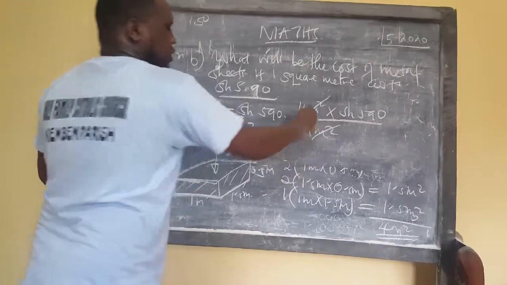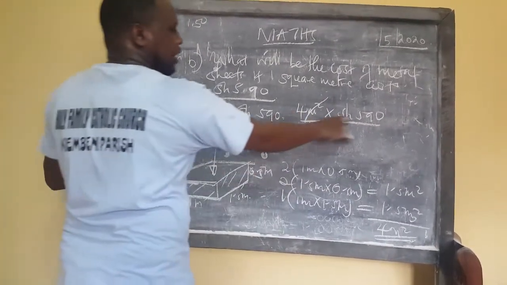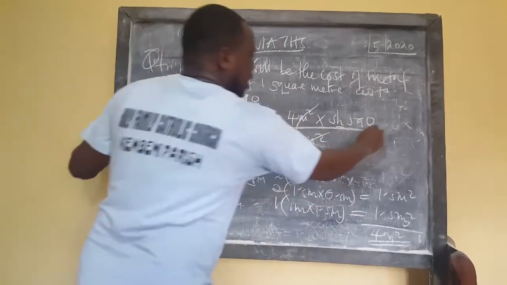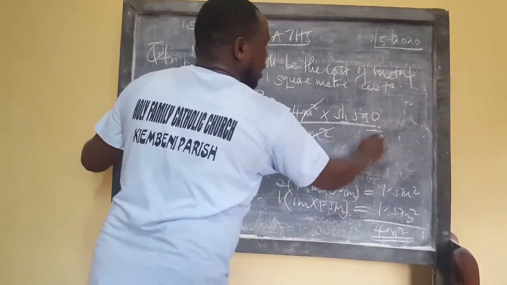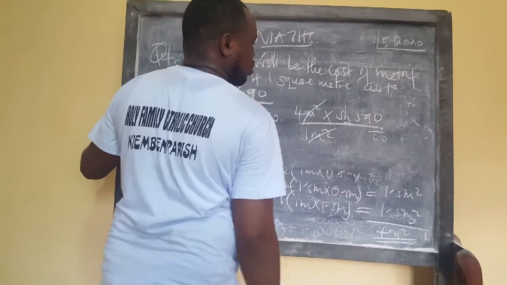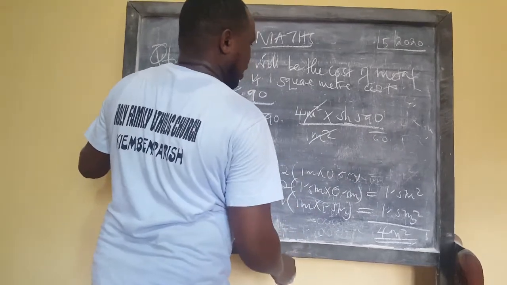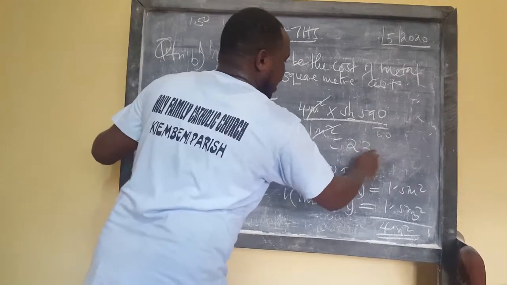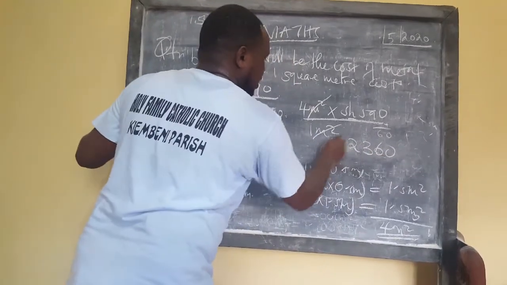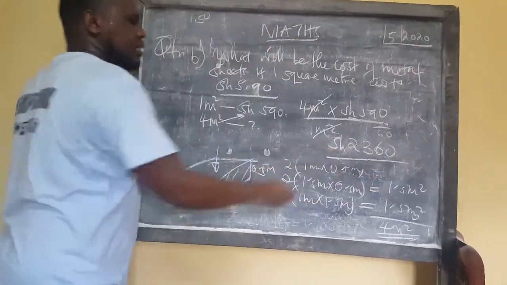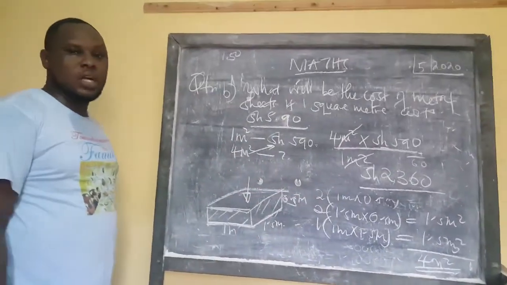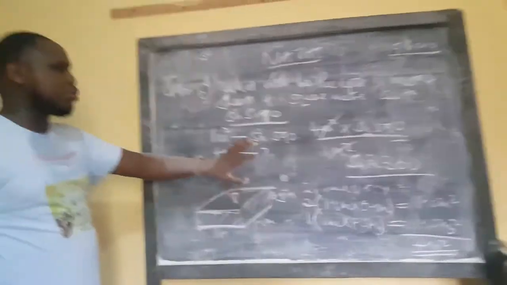Meter squared and meter squared will cancel. You remain with 4, and then the units here will remain shillings. So 4 times 509. If you multiply this by 4, you get 2,036 shillings.